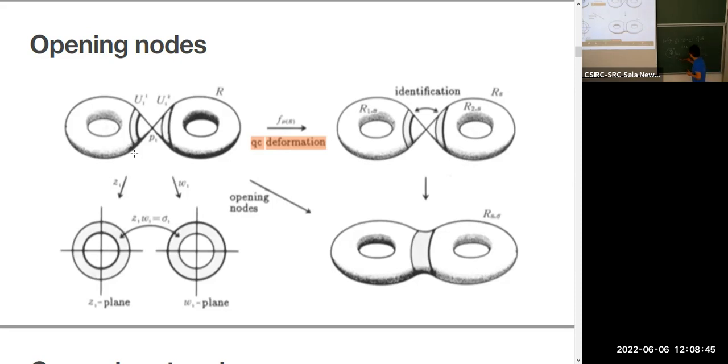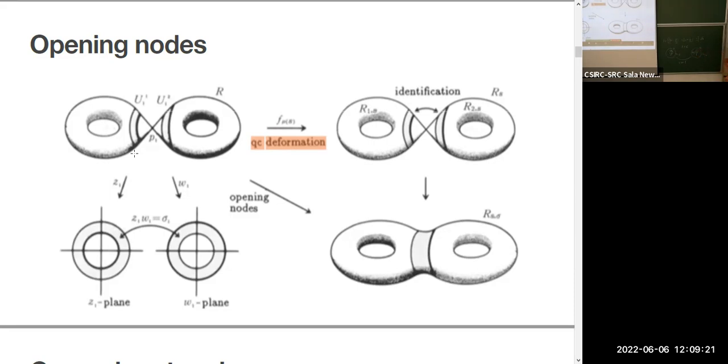And the gluing is done by V times W equals T. Again, I need to stress the fact that T is a complex number. It will become important later. So you see that when T is 0, you simply identify two points. And when T opens up, you identify the inner circle to the outer circle here, and also inner circle to the outer circle here.